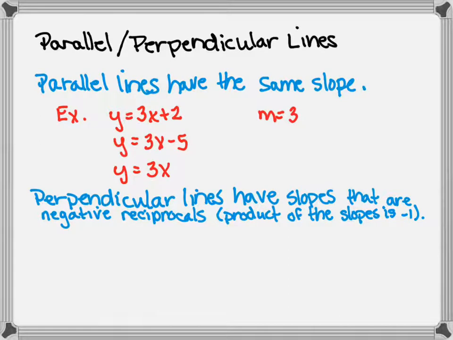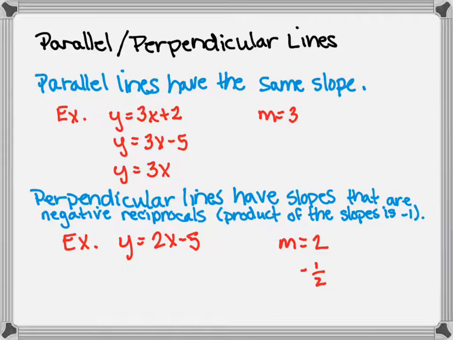Perpendicular lines have slopes that are negative reciprocals, or another way of saying this, the product of their slopes equals negative 1. So for example, y equals 2x minus 5. Here our slope is 2. So the slope of a line perpendicular to this line will be changing it to negative and flipping 2 over 1 to become 1/2.